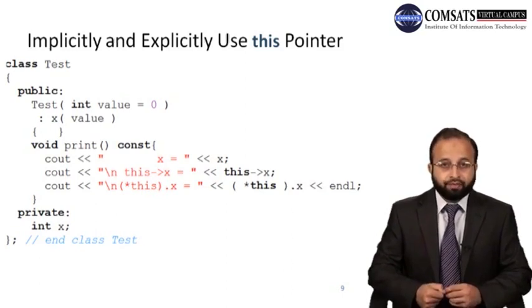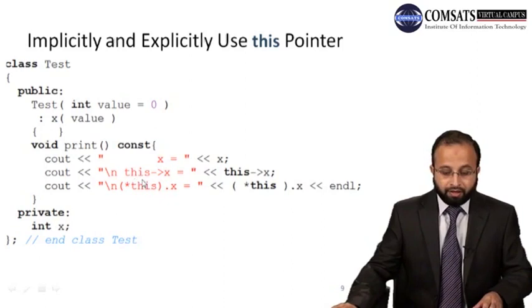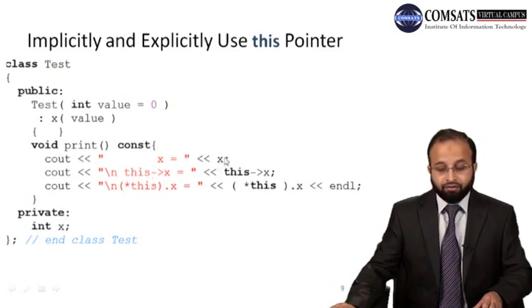So when you call any member function of that class using an object of that class, the this pointer that points to the invoking object is implicitly passed to that function, right? Now you can use it explicitly or implicitly. In the first cout we directly access the value of x; here the this pointer is actually used implicitly. But here we explicitly mention that we are using the this pointer to access the value of x.